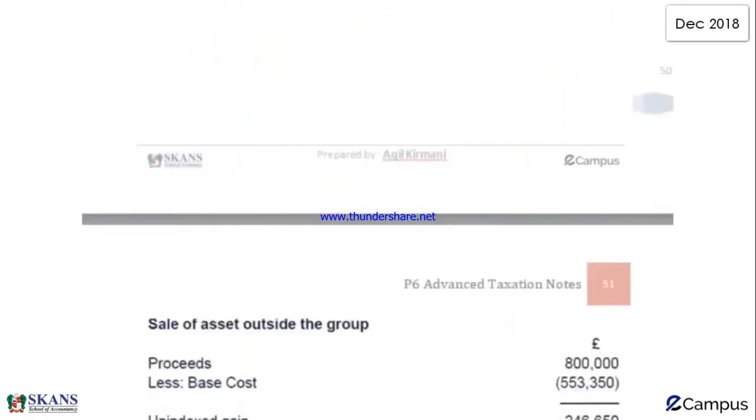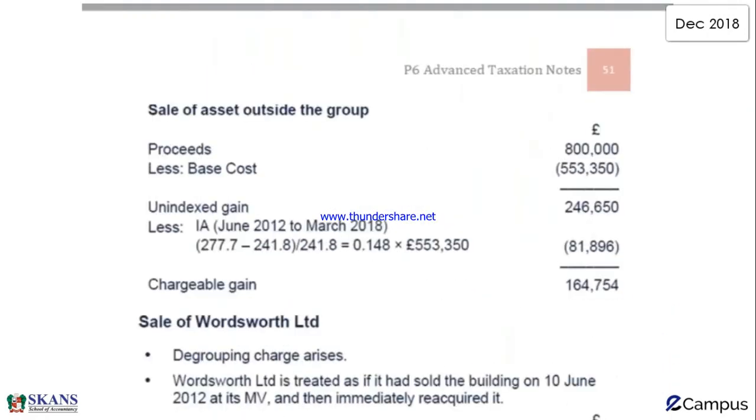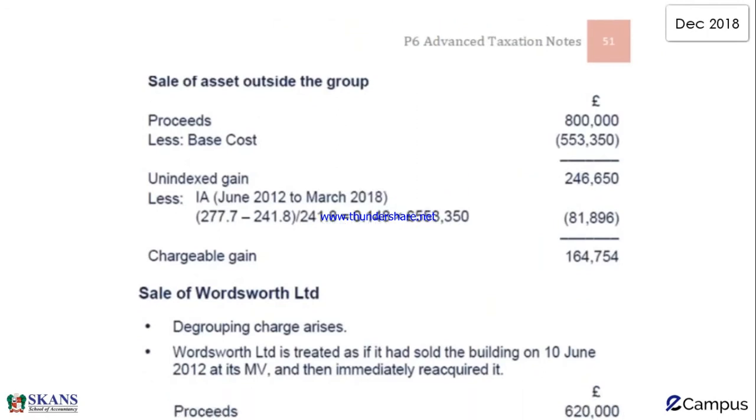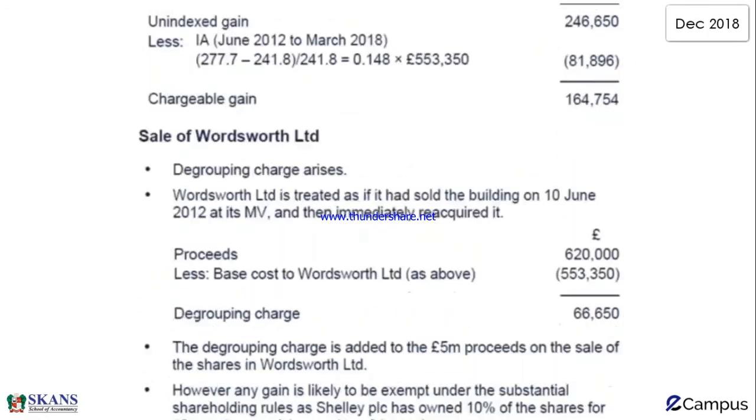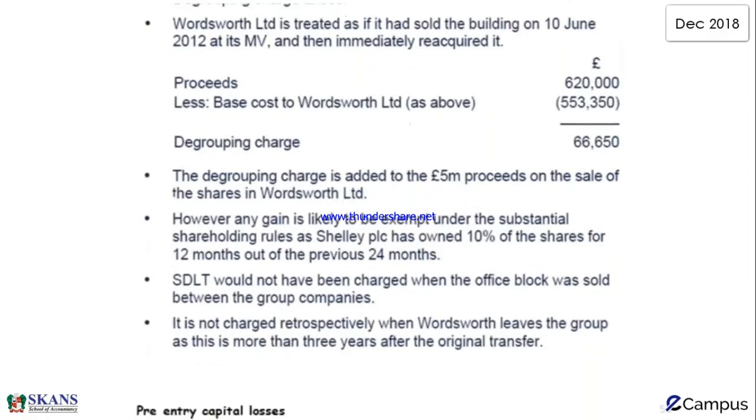So let's see what's happening over here. Let's come to the B part first. Well, this is what we say, sale of Wordsworth Limited. Degrouping charge arises. The degrouping charge is treated as if it sold the building on 10th June 2012.